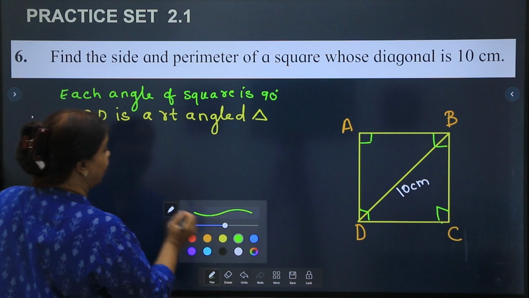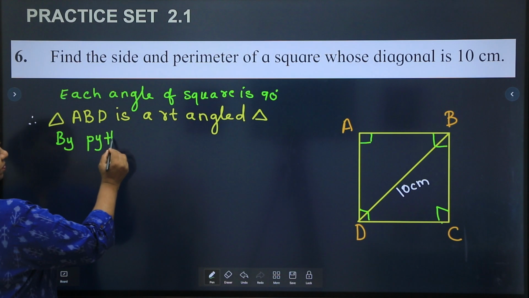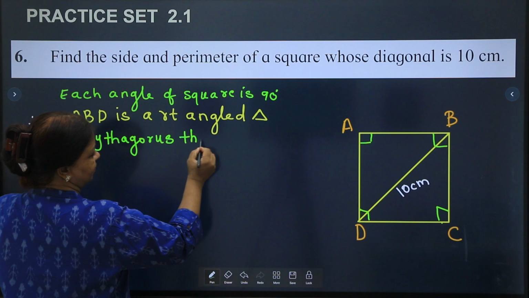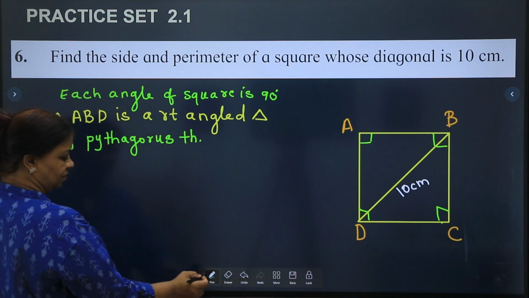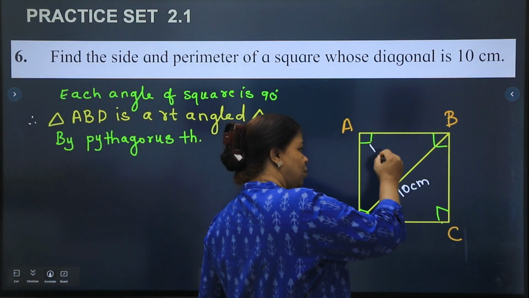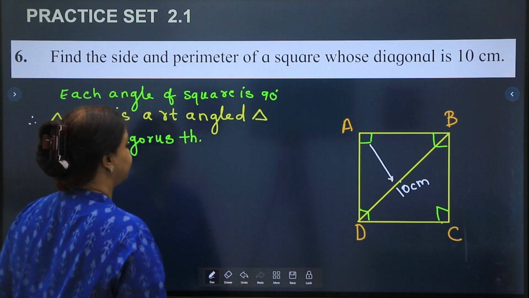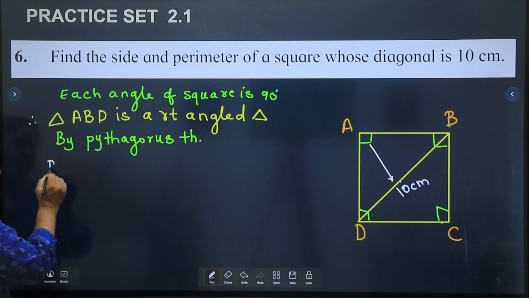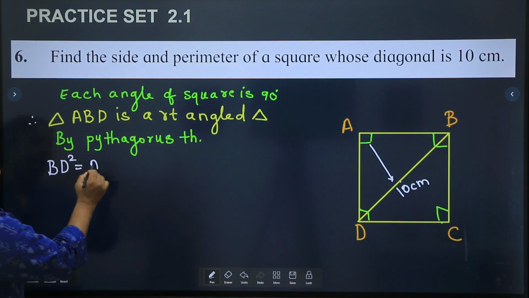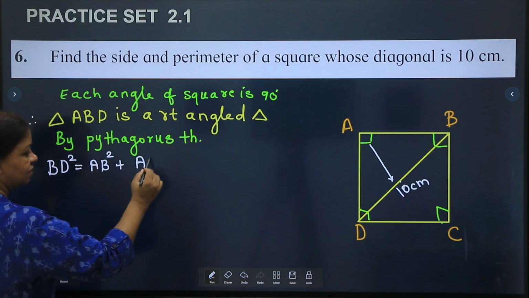and therefore by Pythagoras theorem, we know how to use Pythagoras theorem. If this is 90 degree, opposite to 90 degree will be hypotenuse, and we can use BD square, square of hypotenuse is equal to AB square plus AD square.